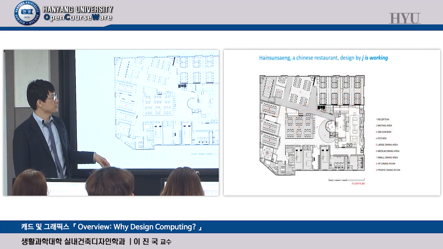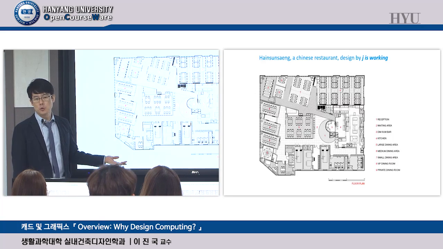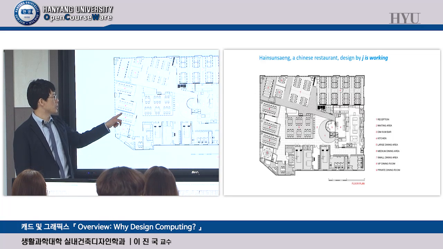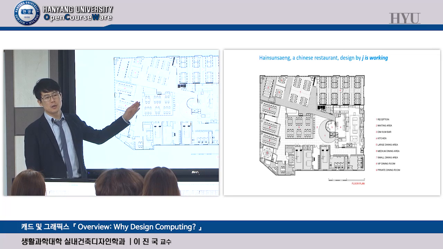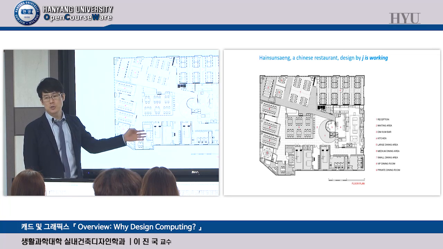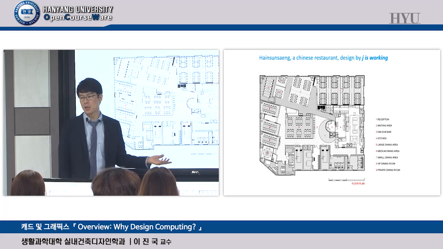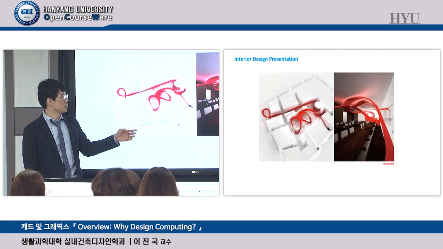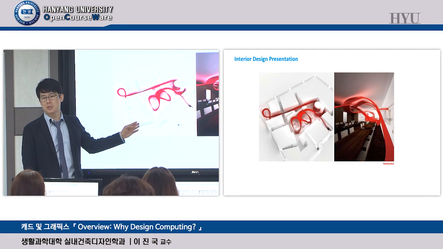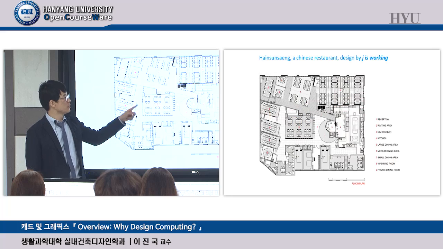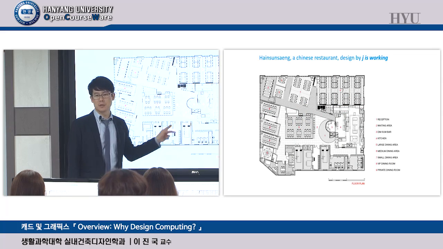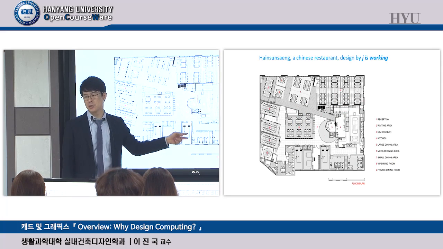Simply said, if you want to know how many chairs, how many dining spaces, or the exact layout of this restaurant, you are not going to see it in this 3D. You have to see this floor plan. That is why there is no such ribbon-like red structure here.